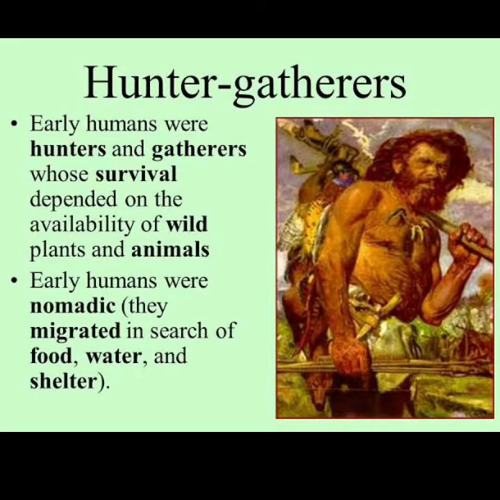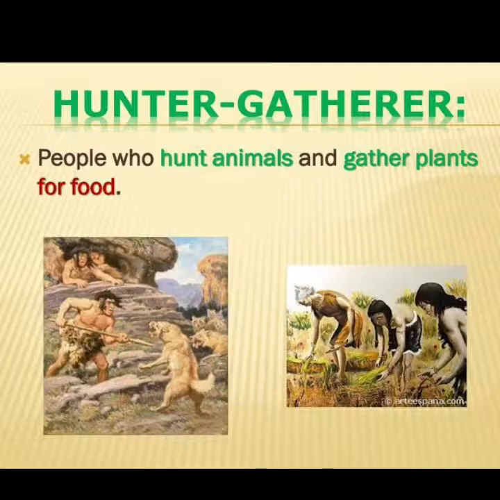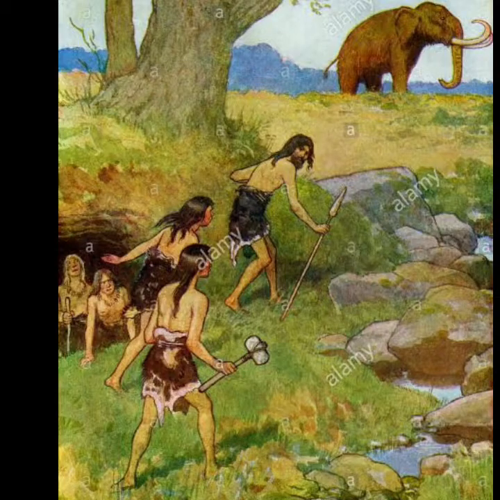As forest produce was seasonal and animals also moved in search of water and prey, man, being physically weak in comparison to many animals, started collecting and hunting in small groups.